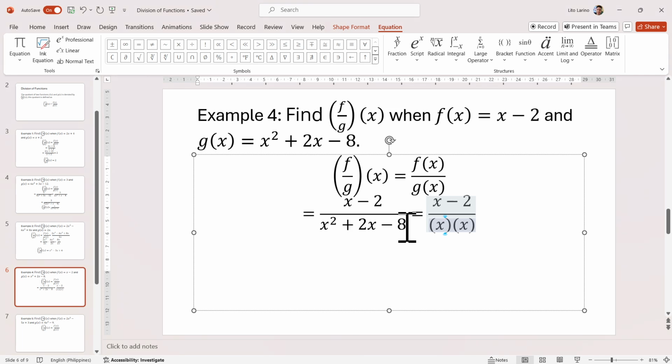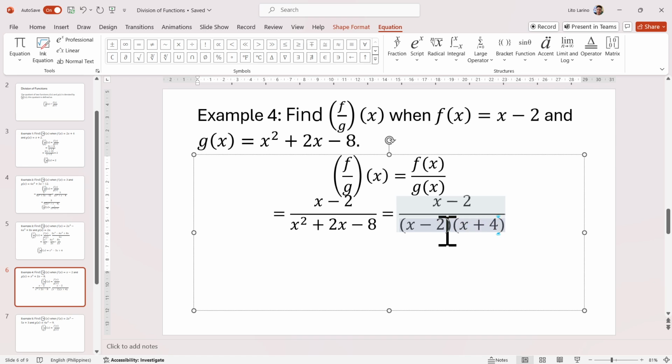So look for two factors of the constant negative 8 that when added will give us positive 2. It is 4 and negative 2, right? X minus 2 and positive 4. So as you can see, the factors of our constant negative 8 that when added will give us positive 2 are negative 2 and 4.